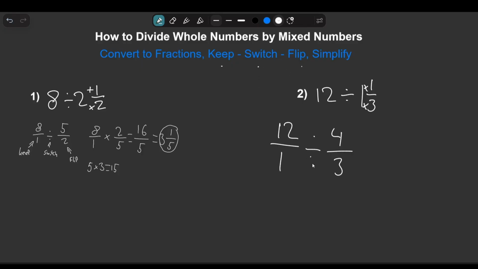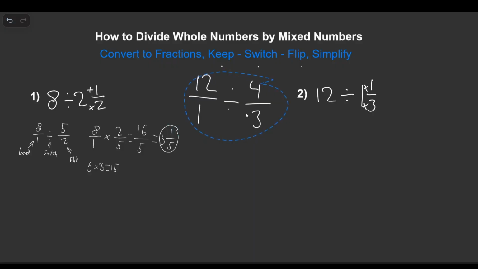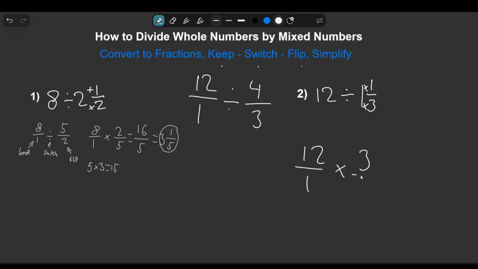So what we do now is we do the 3 steps over here. Keep, switch, and flip. So we keep the first one, we switch the dividing sign, and we flip this fraction around. So let's move this a bit to the side so we can do this. So we keep the first one, we switch to multiplication, and we flip our second fraction, 3/4.